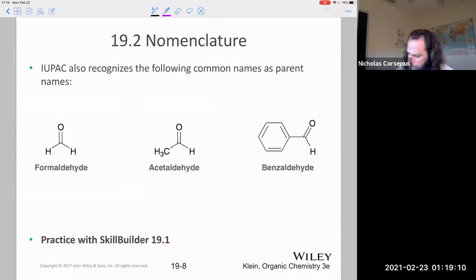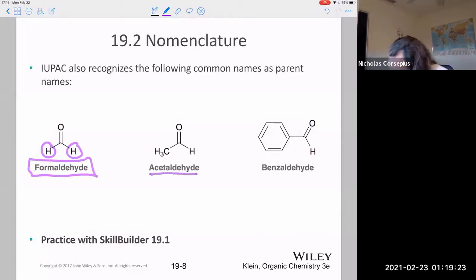Again, we sort of mentioned some of these common ones that you need to know. Formaldehyde is one of them. Notice that's the simplest possible aldehyde, where both of those groups on the carbonyl carbon are hydrogens. There's acetaldehyde, which is just one methyl group, but it's still an aldehyde, right?